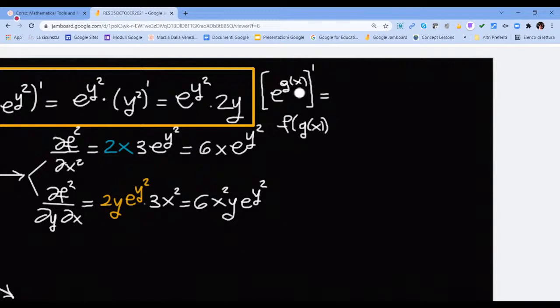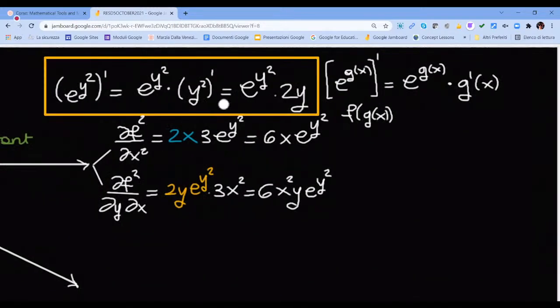This is the same structure as the other slide. Then you should compute the derivative of the exponential function. That means it is again e to the power of the function g, the argument as it is. But then you have to multiply by the derivative of the function g. In this specific case, the function g was y square. So we have to multiply by the derivative of y square, that is 2y.